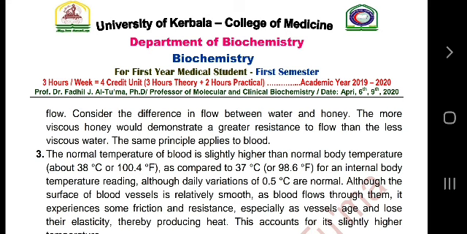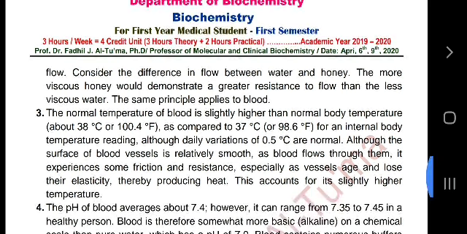The normal temperature of the blood is slightly higher than normal body temperature, approximately 38 degrees centigrade, as compared to 37 degrees centigrade for an internal body temperature reading. The difference does not exceed 0.5 degrees centigrade.